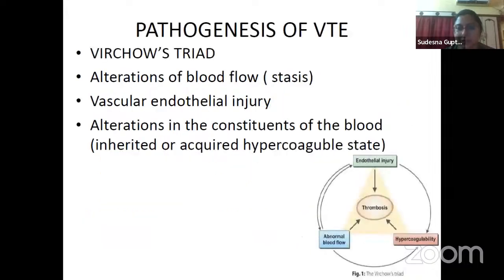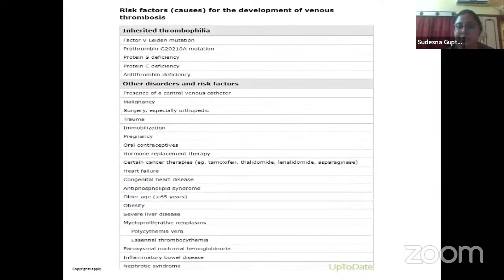Recurrent DVT also gives rise to an increased risk of post-thrombotic syndrome in 20 to 50% of such patients. The pathogenesis of VTE is based on, as we know, the Virchow triad, which comprises alterations of blood flow, vascular endothelial injury, and alterations in the constituents of the blood. Based on this, the risk factors can be generated. There are numerous risk factors, including inherited thrombophilia, presence of a CVC, malignancy, surgery, trauma, immobilization, pregnancy, and use of OCPs.